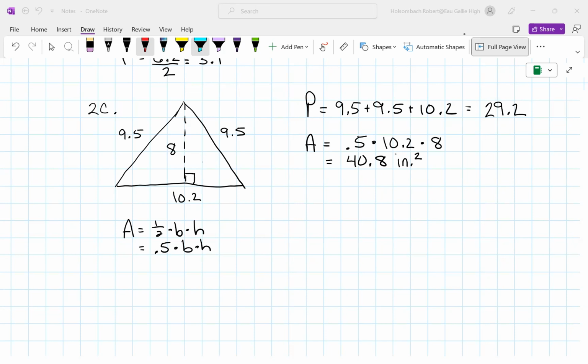Meaning, if I had a square and it was 1 inch by 1 inch, all right? What this means, 40.8 square inches, it means that I could fit 40.8 of these squares inside of this triangle. It's the unit of measure that area is measured in. Square units. Perimeter is just measured in what's called linear units, measured in a line.